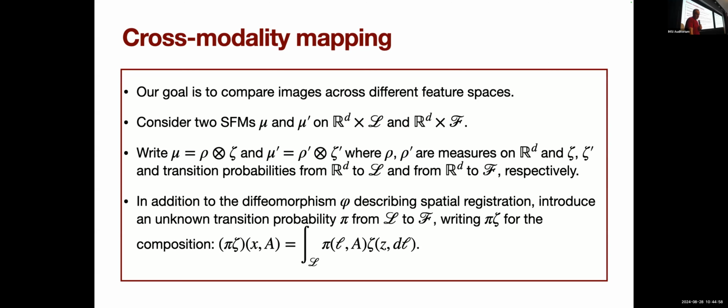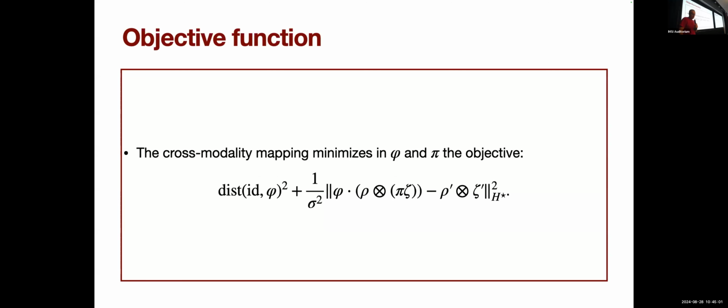And so that makes the problem only slightly more complicated. You don't even have to comment the formula. The only thing that you want to see here is that in that formula, you have an extra term that I'm calling pi. So rho and zeta define the space feature measure.